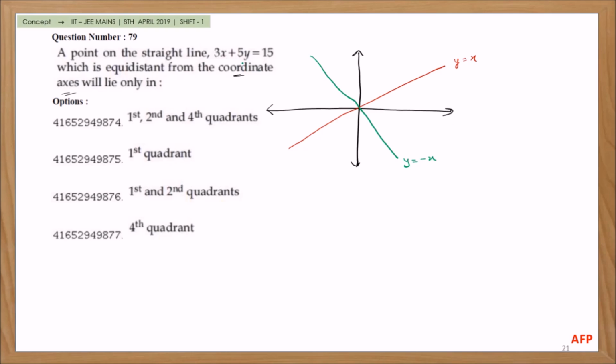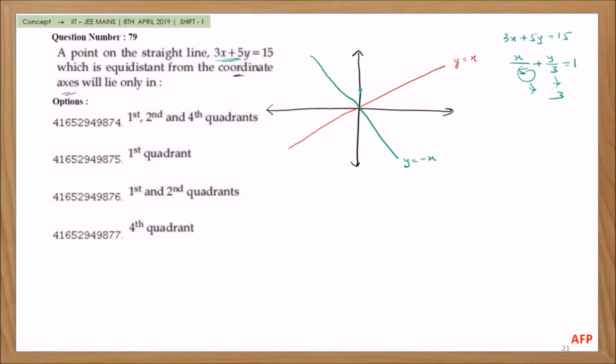Okay, now we will see where exactly this line intersects these two lines, and in which quadrants those points are. So what are the x coordinate and y coordinate? To find the x coordinate and y coordinate, divide by 15. What you are getting: x ordinate is 5 and y ordinate is 3.